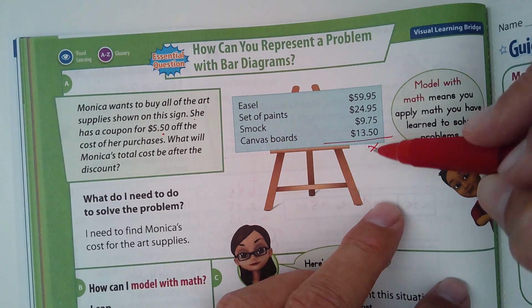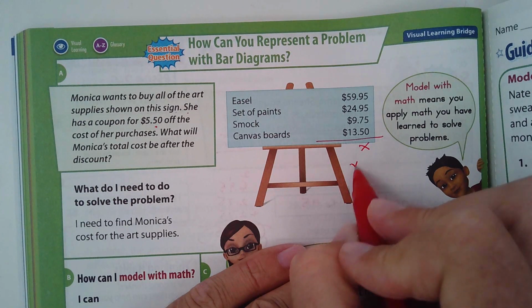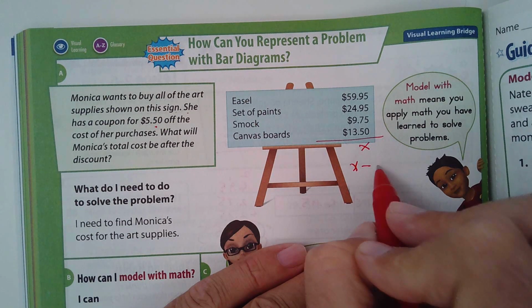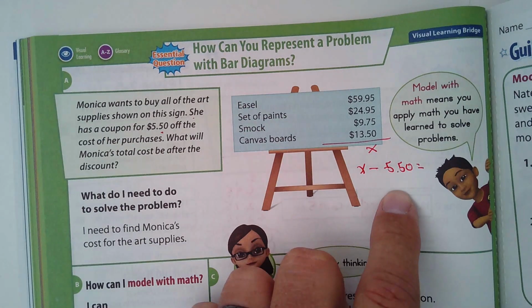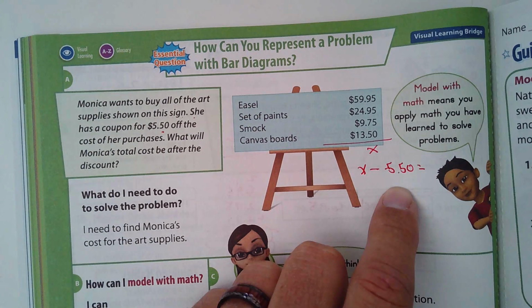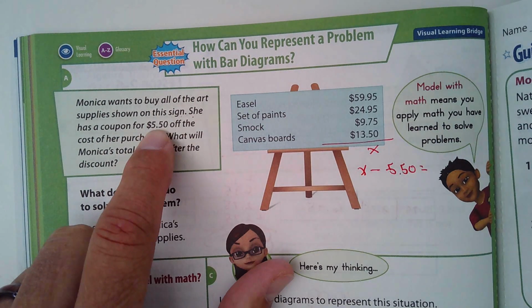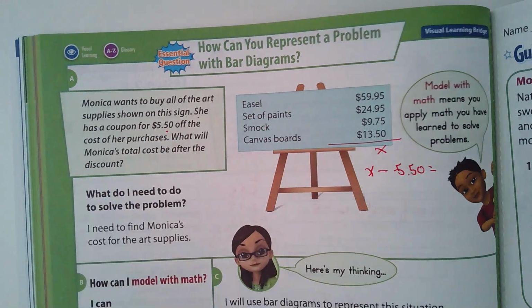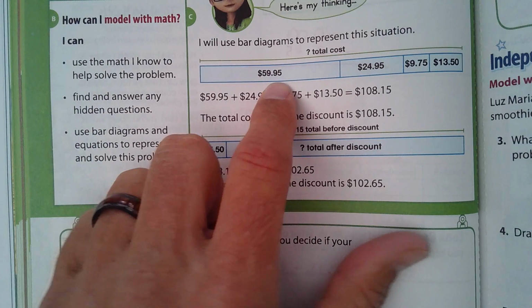But whatever X is, then from X, you're going to subtract $5.50. And that'll tell you how much she actually spent, because she gets a discount. $5.50. Okay?